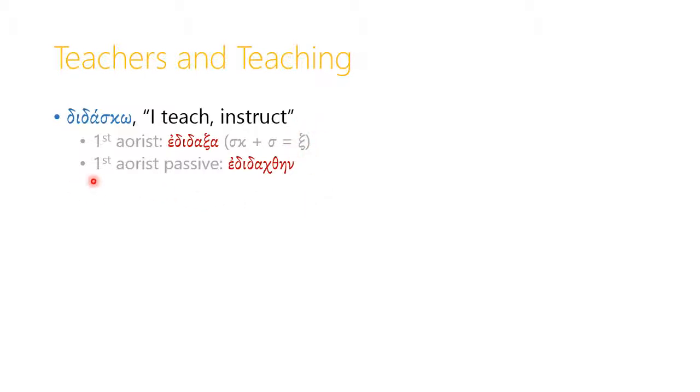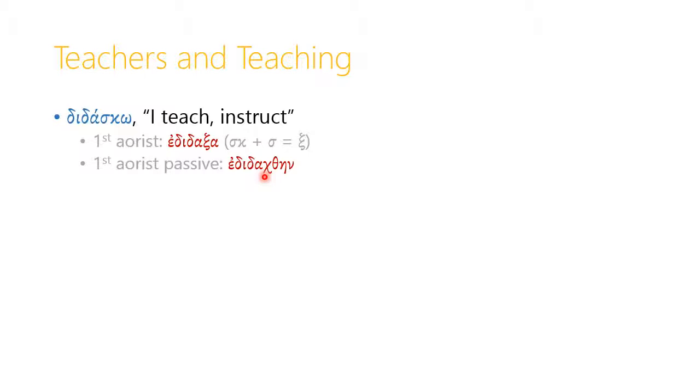The first aorist passive, again, you have some change at the end of the verb stem, but again, it's fairly predictable. The kappa class consonant at the end of the stem is softened when it runs up against the theta and becomes the kappa class fricative, so it's the khi.